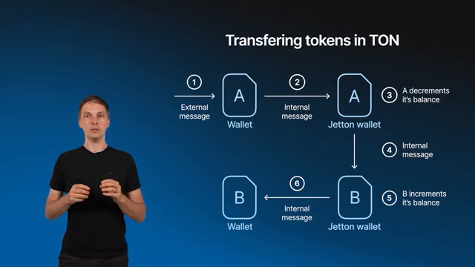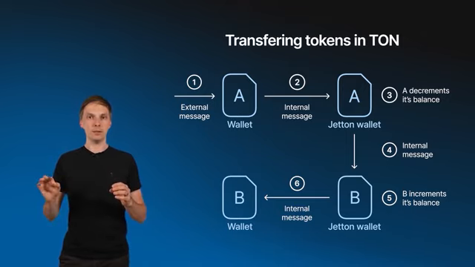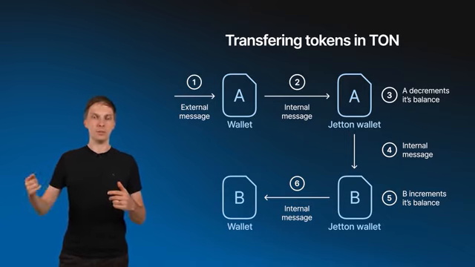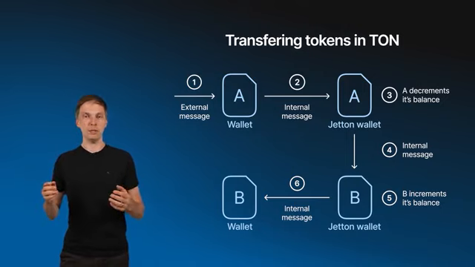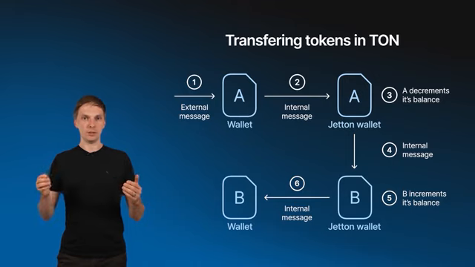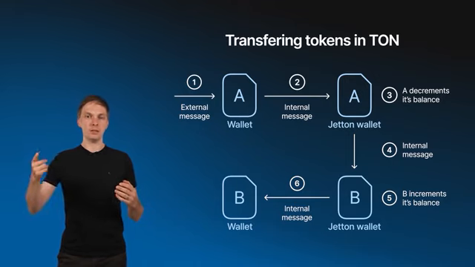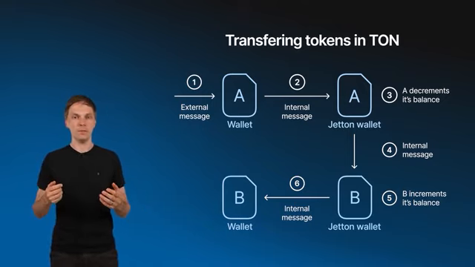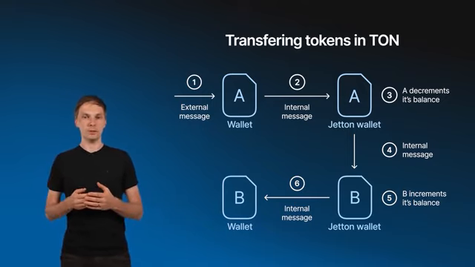Their Jeton wallet decrements their balance by the necessary amount and sends a message to its sibling contract that has exactly the same code, but a different owner. And this message says, please increment your balance with the same amount. The Jeton wallet of the recipient user verifies that this message was authored by its sibling and sends the notification transaction to the wallet of its owner.